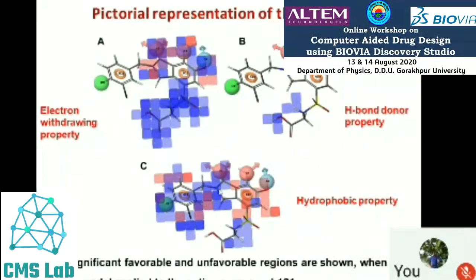These contour representations show the favorable and unfavorable regions for the QSAR model when it is applied to this compound. We see there are more favorable regions in this figure than non-favorable regions.